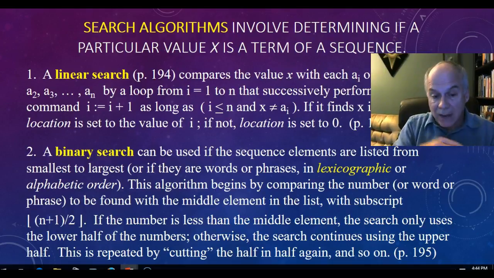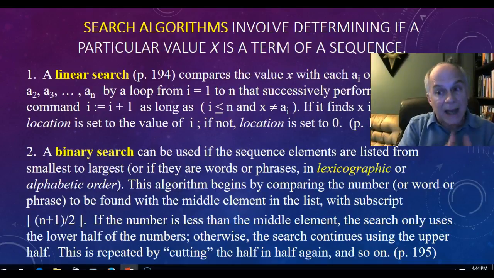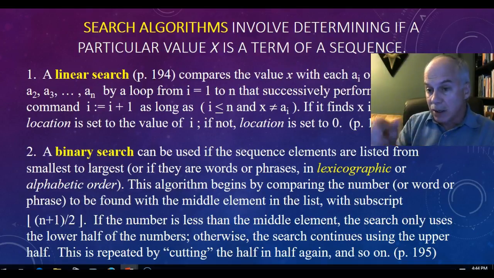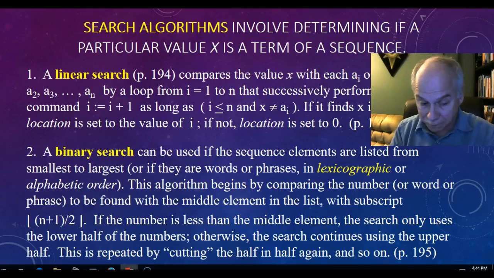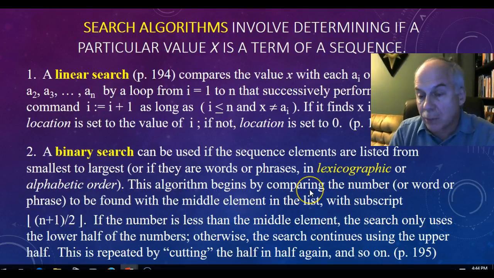Then it repeats this cutting in half process again, taking half of the half and looking only in that section. So it's narrowing down the search so it does not have to compare X with all the elements in the list. It's narrowing it down to a smaller and smaller part of the whole list that it has to search.